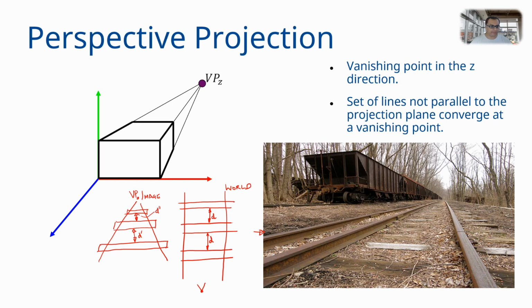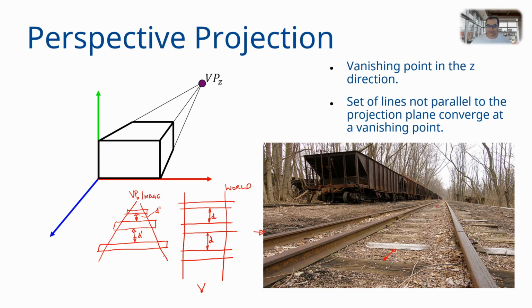So you can see the same phenomenon being repeated here in an actual image. This distance seems to cover some number of pixels here, whereas it covers far fewer pixels when the same distance is farther away from the camera.